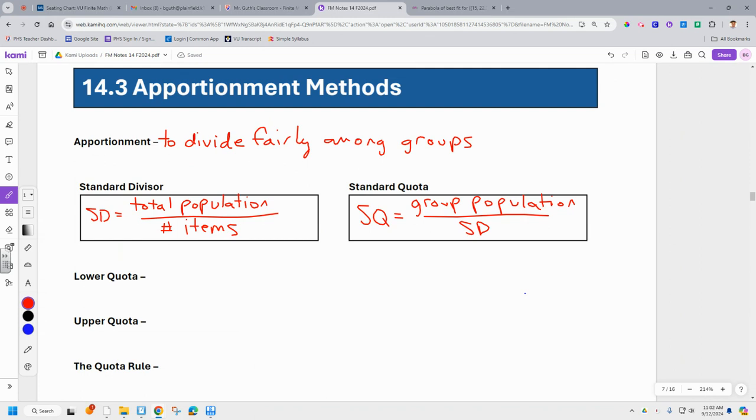We talk about the lower quota. The lower quota, LQ, is the standard quota rounded down. The upper quota is the standard quota rounded up.